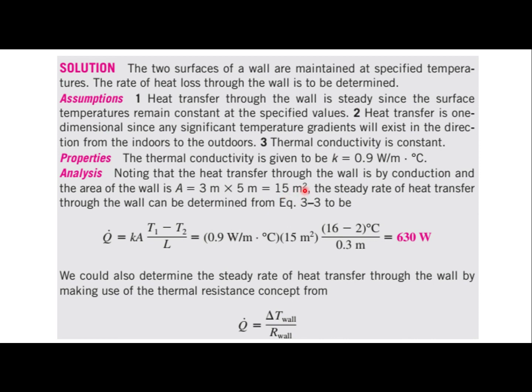The steady rate of heat transfer through the wall can be determined from the previous equation. It is the simplest equation: we have temperatures T1 and T2, the length that is 0.3 meter, the area and the conductivity. By putting in all the values, the rate of heat transfer is equal to 630 watt.